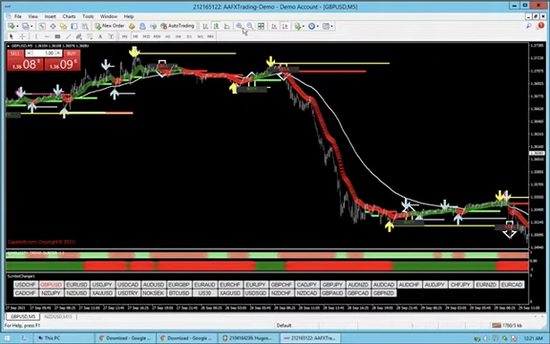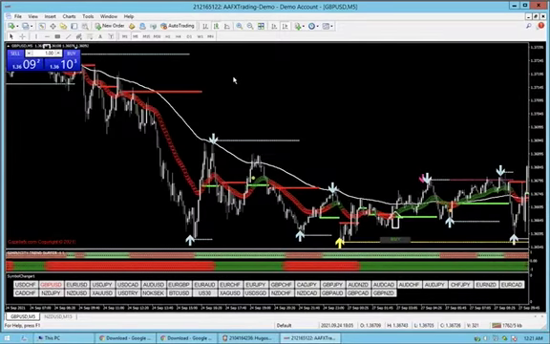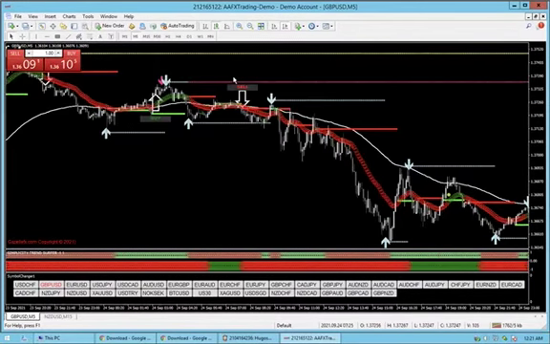Look at this, beautiful. Look at this beautiful drop here, guys. So let's say we get a simplicity entry. Okay, we get a simplicity entry right here.